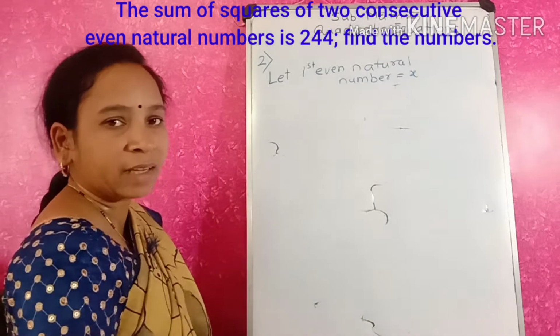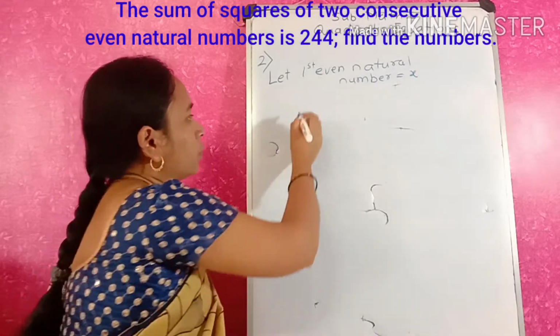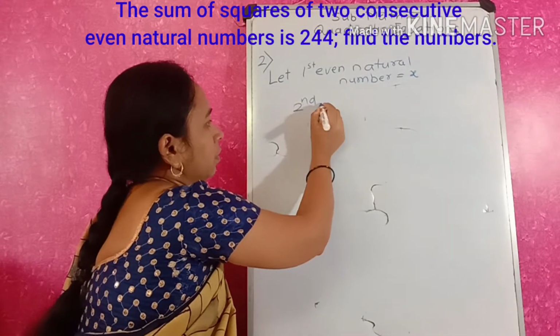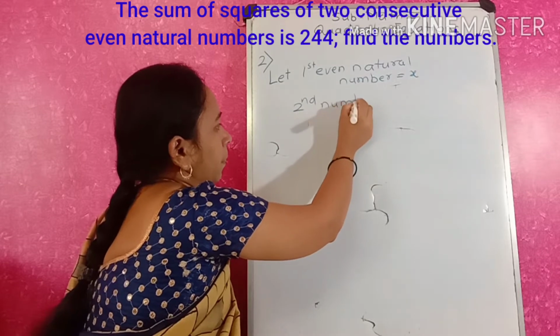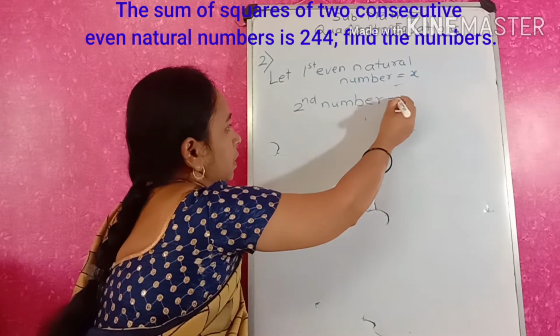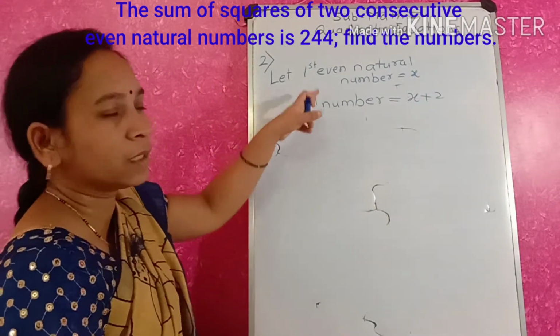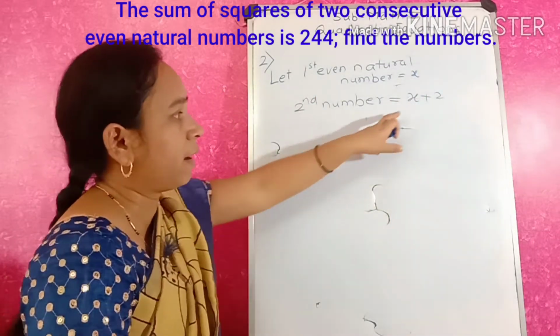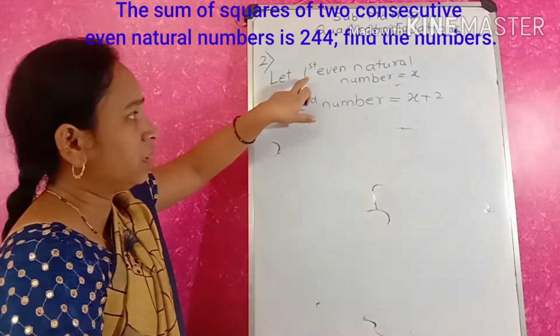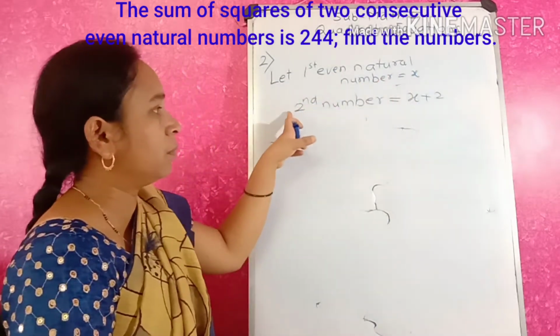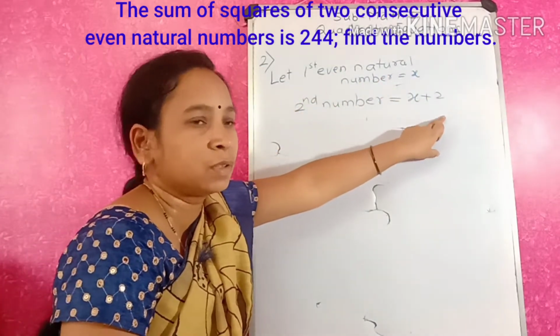So its next consecutive number, the second number, is equal to x plus 2. We know that two consecutive even natural numbers have the difference 2. So if the first number is x, the second number would be x plus 2.